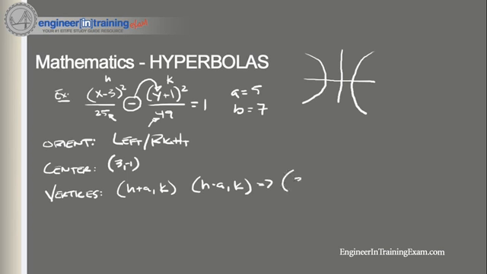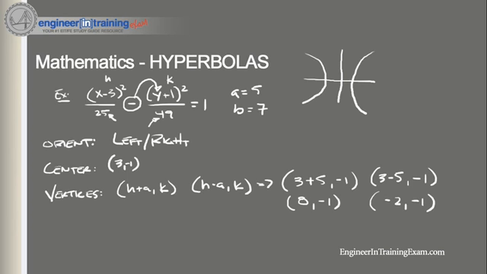Just put h in, which is 3, plus a, which is 5, and k is negative 1. So that's going to be 8, negative 1. And our second is going to be located at 3 minus 5, negative 1, and that's going to be negative 2, negative 1.